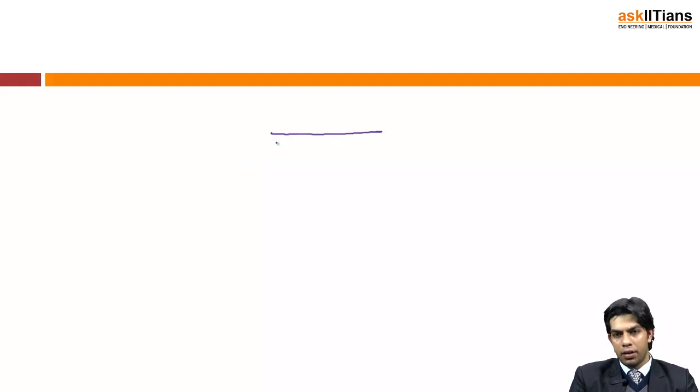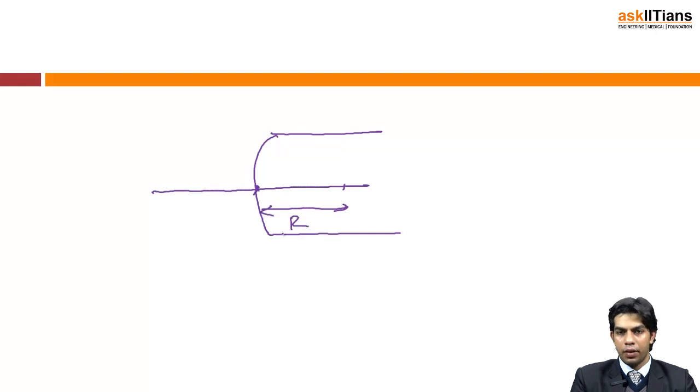Let's consider a refracting surface like this. My intention is basically to find out the radius of curvature, r. The information which I have is that I have placed an object at point A, and I observe that point A is at a distance of 20 centimeter from the pole of the refracting surface.